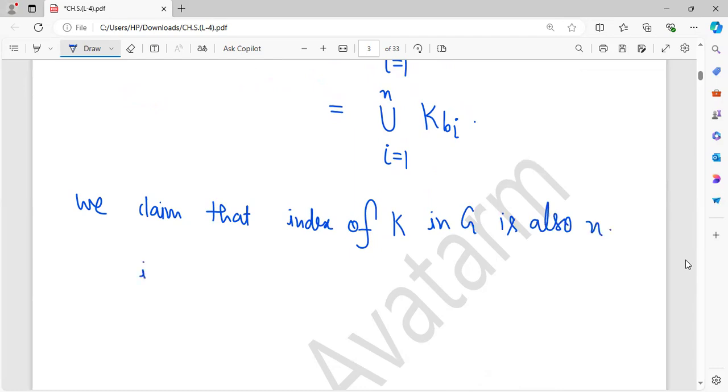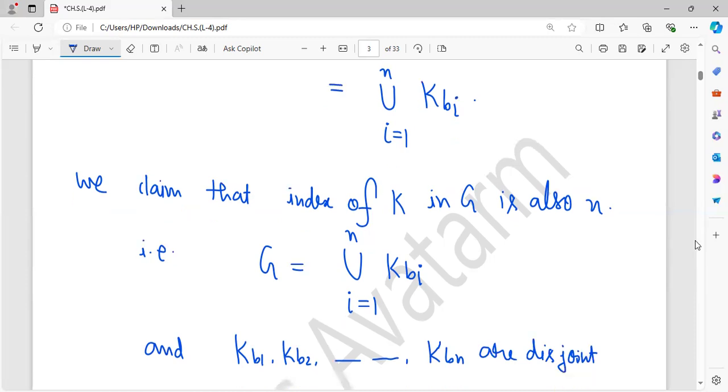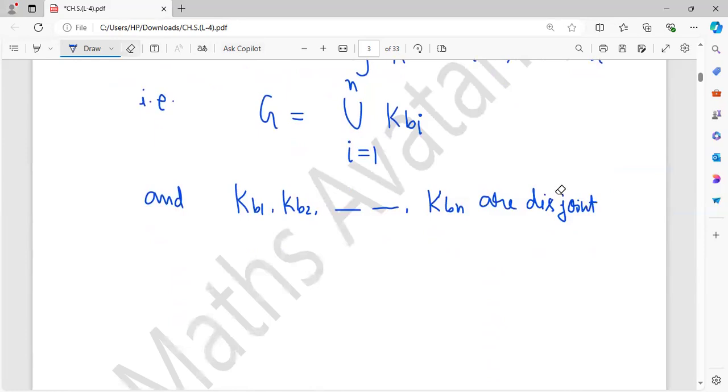For that, we have to show that G is equal to the union over i from 1 to n of K bi, and that Kb1, Kb2, up to Kbn are pairwise disjoint.